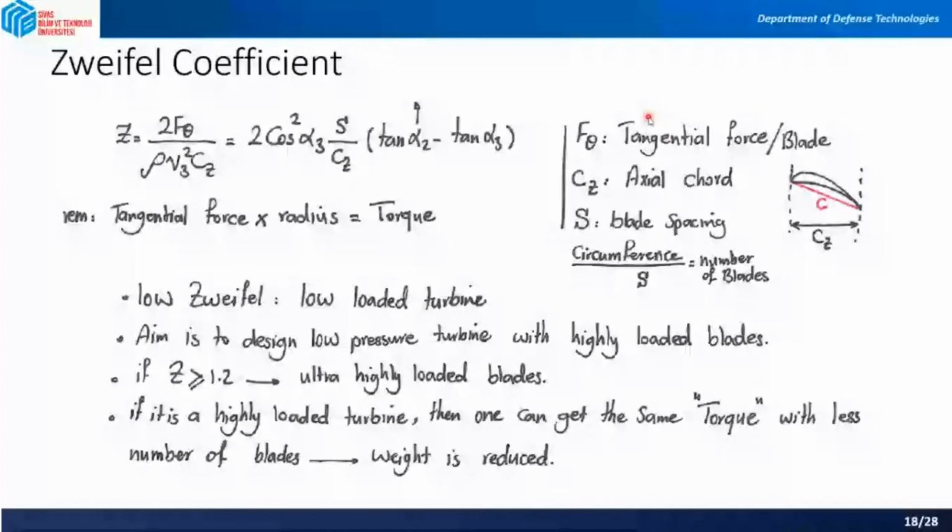At the entrance, we said that we have an axial velocity VA1, and this is our alpha 1 angle, and this is your absolute velocity. And you can see this absolute velocity is hitting like this to the nozzle blades.